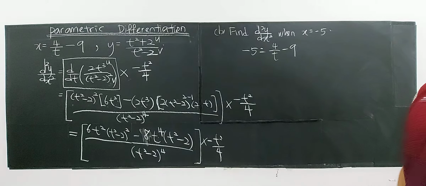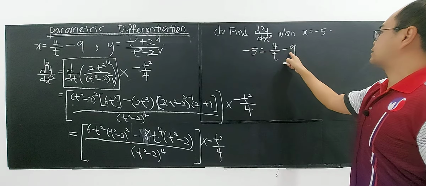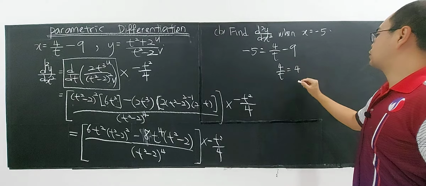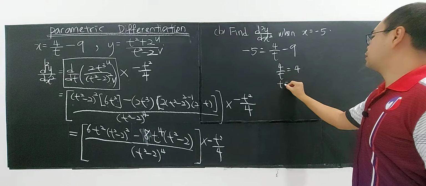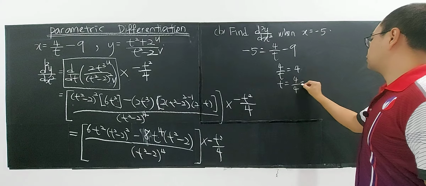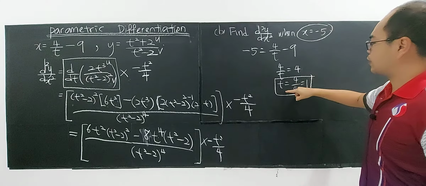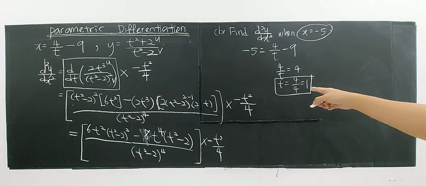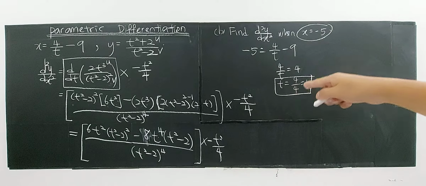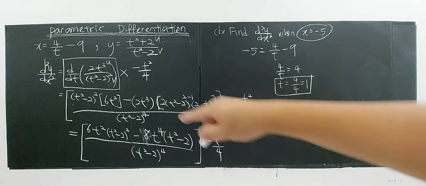Negative 5 plus 9, you have 4 over t equals 4, so t is 4 over 4, which is 1. So when x is negative 5, t is 1.